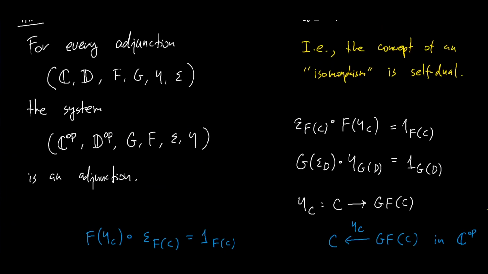So you start with an adjunction, you take the dual categories, you still get an adjunction, except that now what before was left adjoint, f here, now becomes right adjoint. And what before was a right adjoint now becomes a left adjoint. And what before was a unit of adjunction now becomes a co-unit of adjunction. And what before was a co-unit of adjunction now becomes a unit of adjunction. So things swap around.